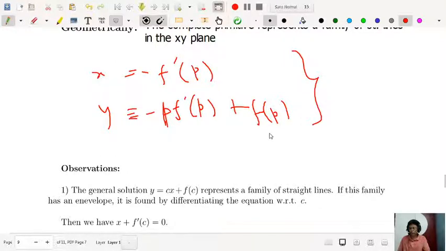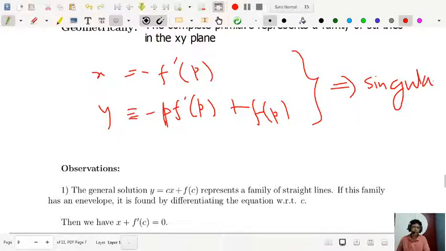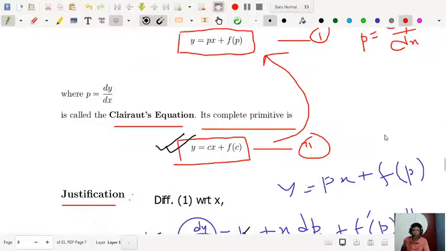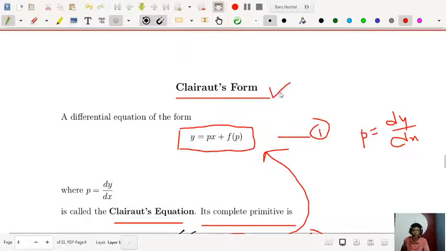We see that it does not contain any arbitrary constant. These two equations do not contain any c, there is no arbitrary constant, and this will produce another kind of solution if you eliminate p. This type of solution is called singular solution. Look at that, my dear students, why Clairaut's equation is so important.